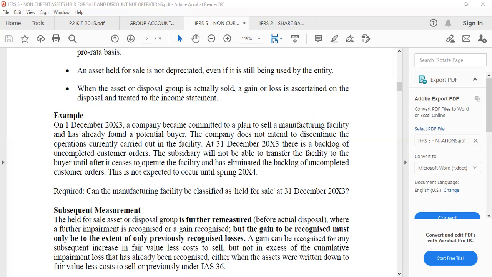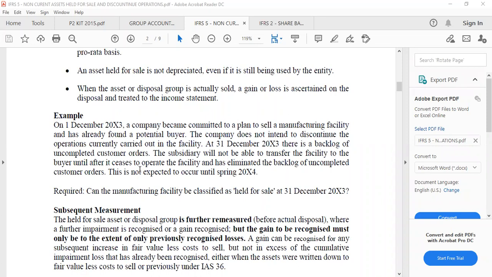They also have a backlog of customers' orders that they have to complete. If this will be done in 2 years' time, a potential buyer will be waiting 2 years. The asset must be available for immediate sale, and the sale must be within 1 year. The question also says the subsidiary will not be able to transfer the facility to the buyer until after it ceases to operate the facility.